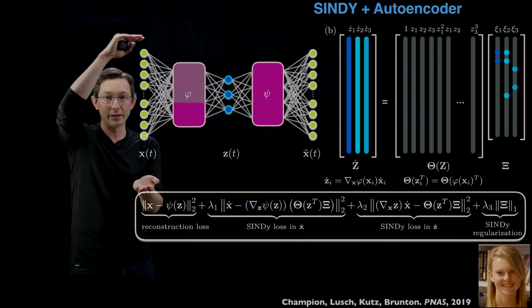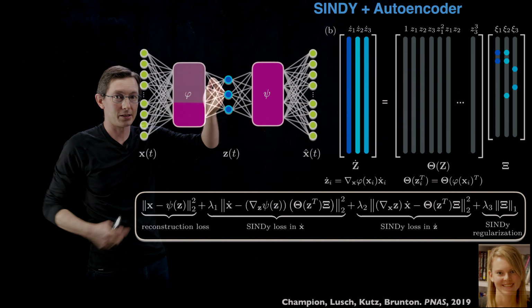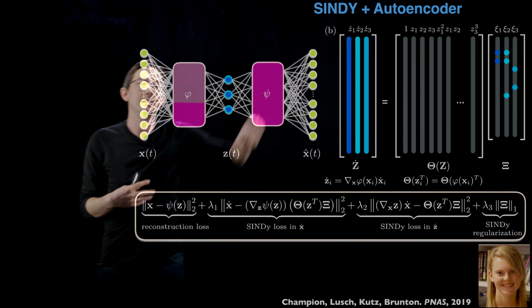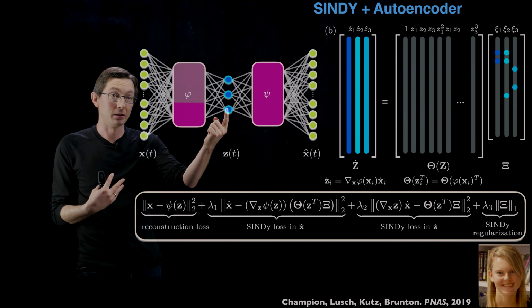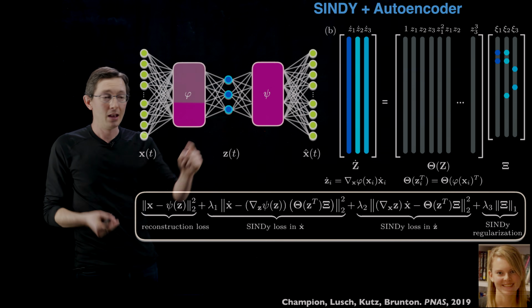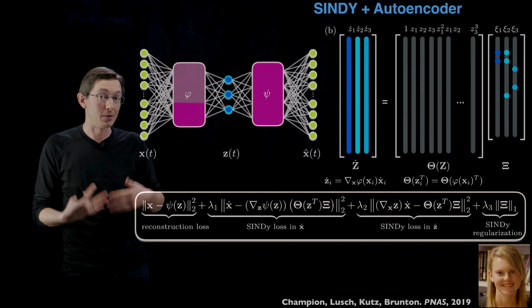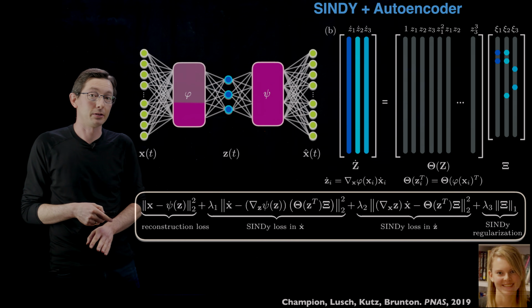So maybe you go from 1,000,000 degrees of freedom down to 4 or 5 variables you care about, in this case 3. And then you simultaneously add this SINDy loss function so that you get a sparse, interpretable, nonlinear model on those latent variables. I think this is a really exciting idea for flow field analysis and for modeling really complex fluid flows. So I encourage you to check this out.